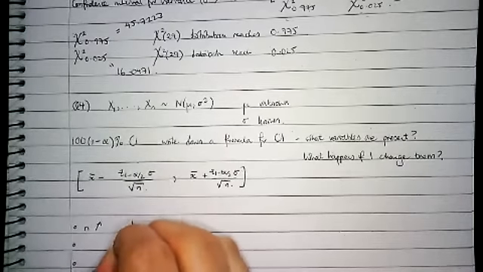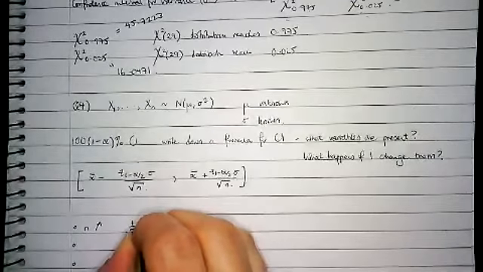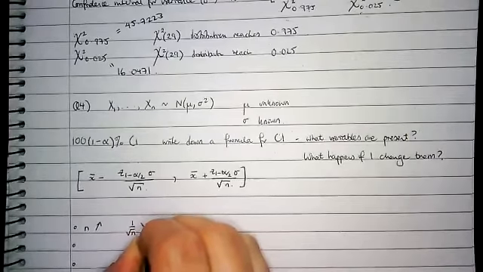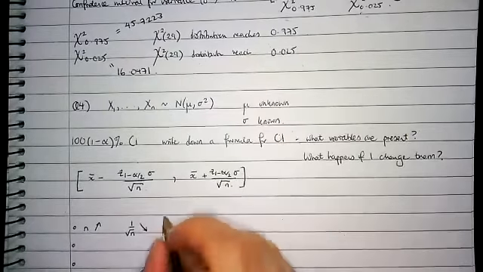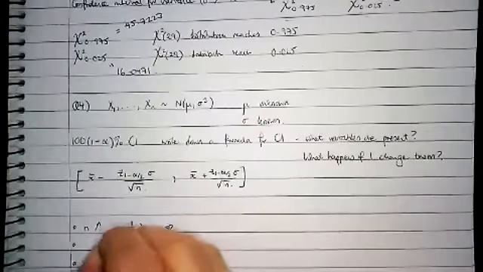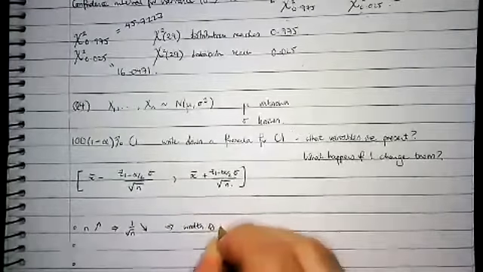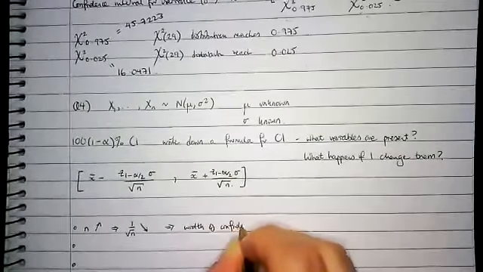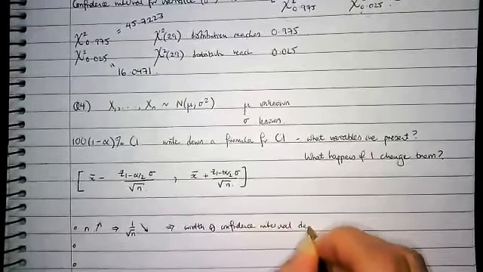So 1 divided by the square root of n is going to get smaller. So the confidence interval is going to get smaller. The width of the confidence interval is going to decrease.